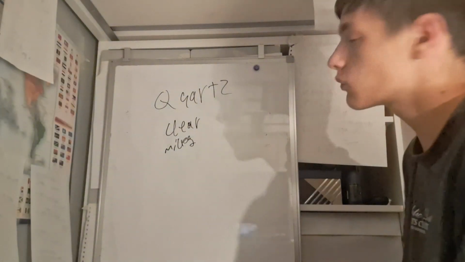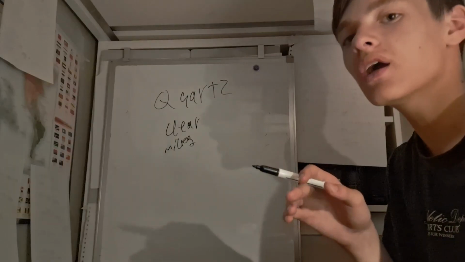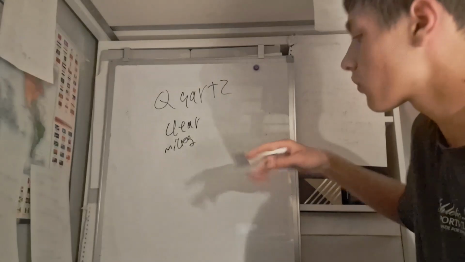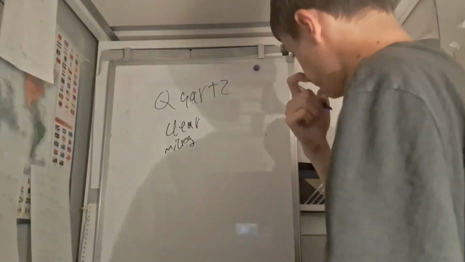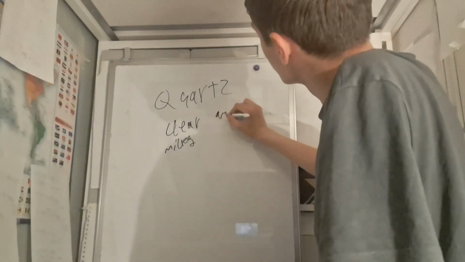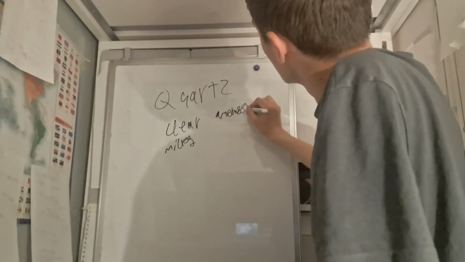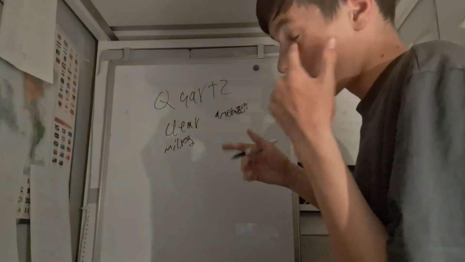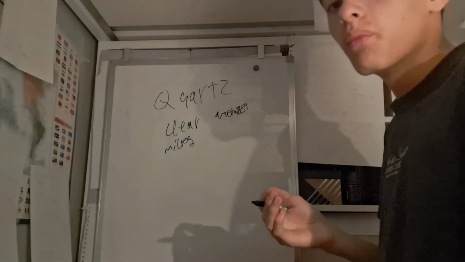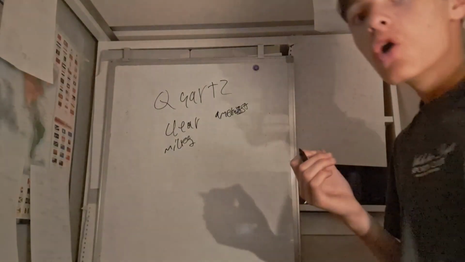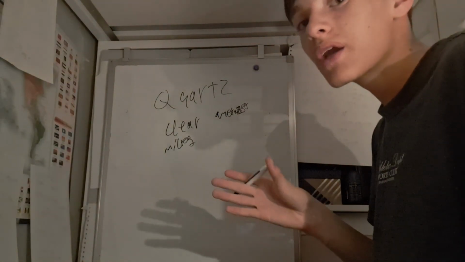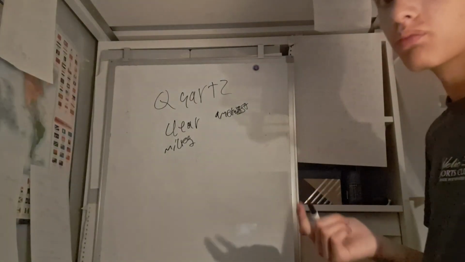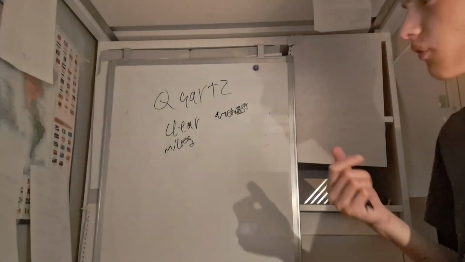You can also have a mix where it's kind of clear but kind of milky, which has some impurities. And then you've also got amethyst, which is purple, from very light purple to very dark purple. The darker, the more impurities, which means the more valuable. So if you have a really big crystal of dark purple amethyst, it's worth quite a lot.